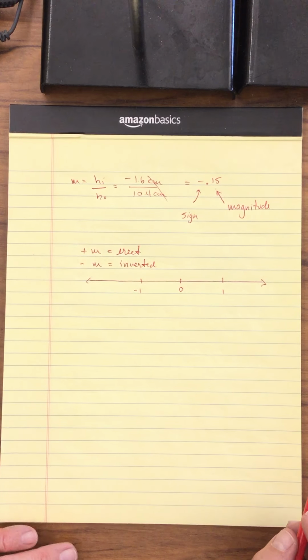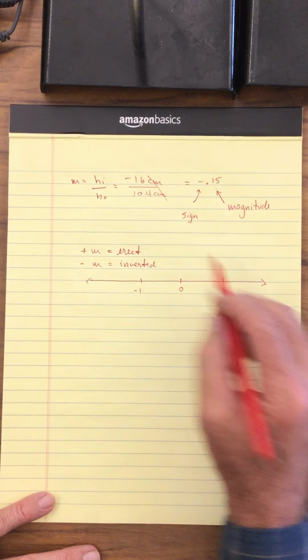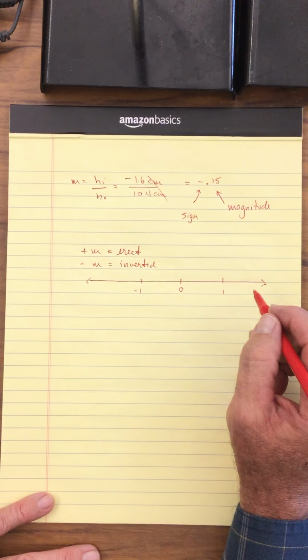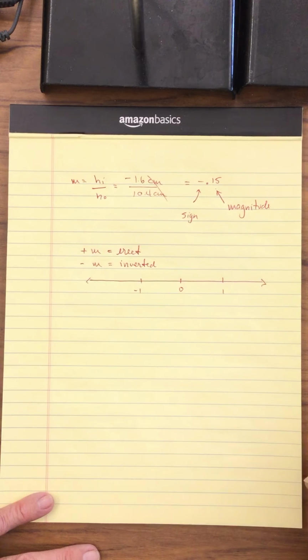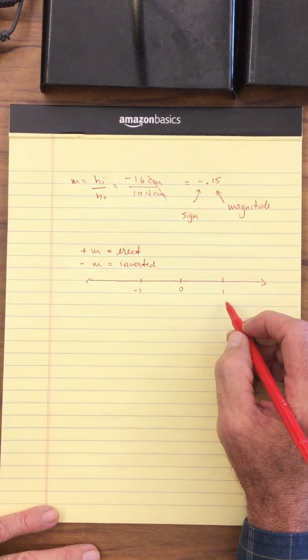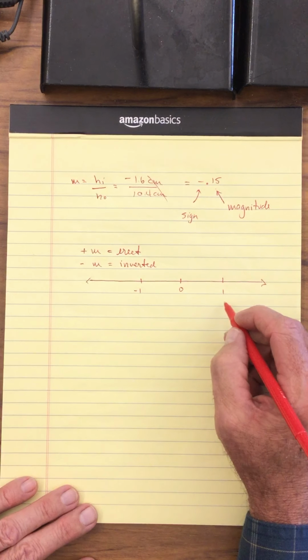If the height of the image is equal to the height of the object, my magnification is the same number divided by the same number, meaning that it's going to be 1. So if it's a magnification of 1, it's going to be the same size.